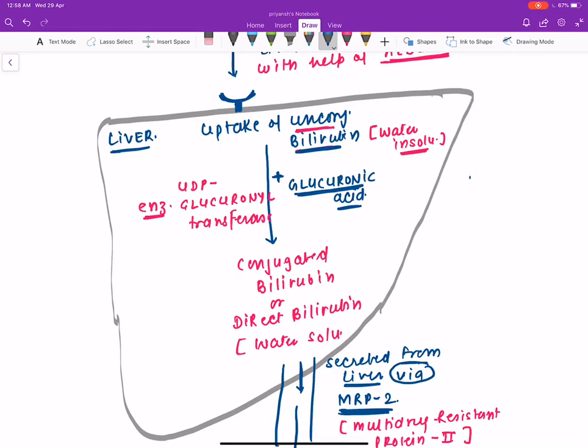See, in the liver, what was happening, now follow the yellow color marker: unconjugated bilirubin was converted into conjugated bilirubin.